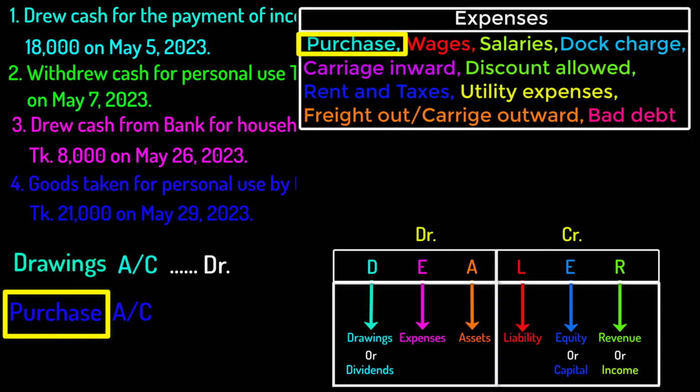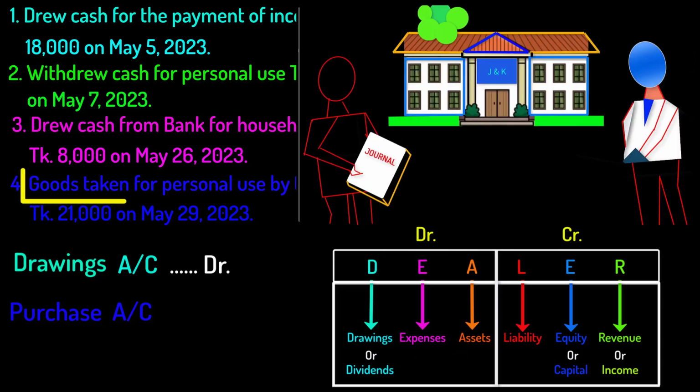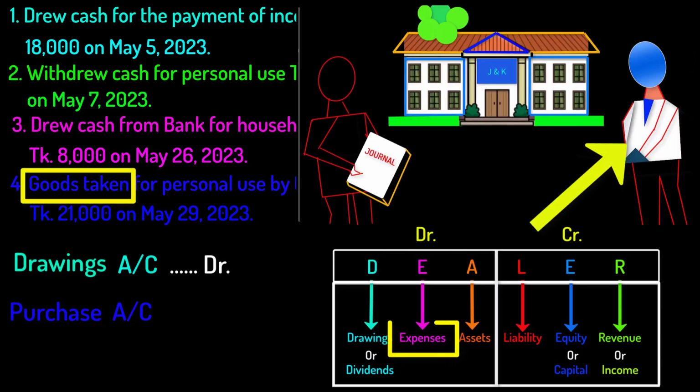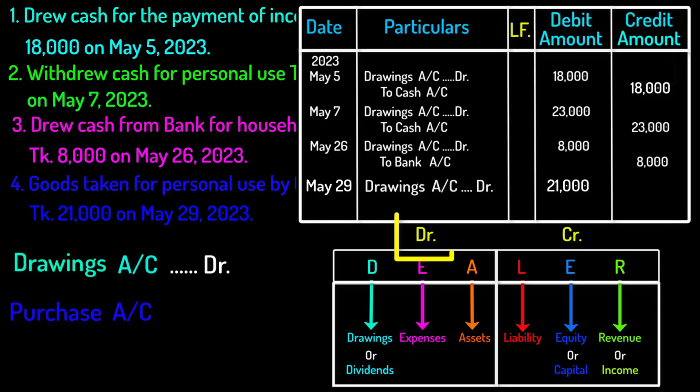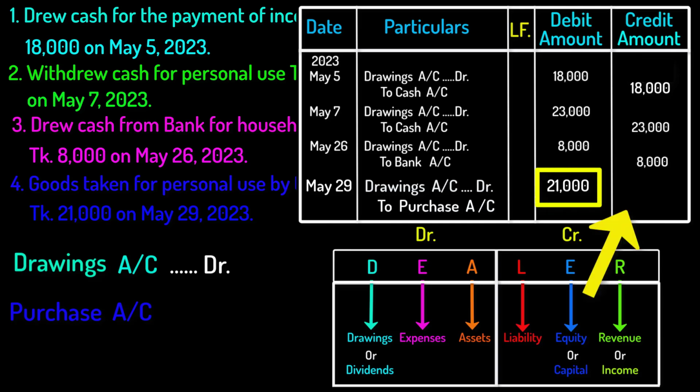See, purchase is an expense and expense is a debit item. For drawings of goods by the owner, expense is decreasing here for this company. That means debit is decreasing here. We know that if debit decreases, it will turn into credit. So write here to purchase account and write here the same amount, that is taka 21,000.